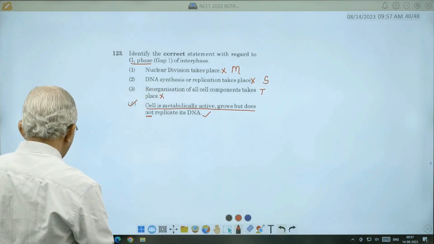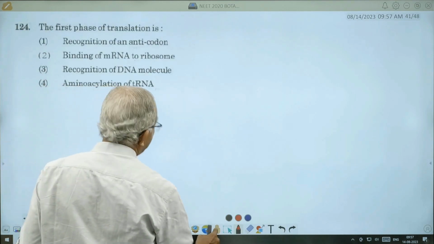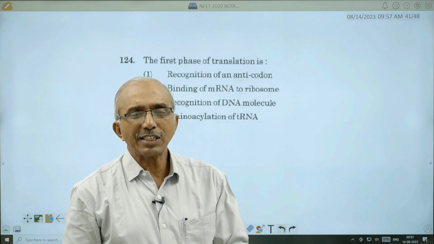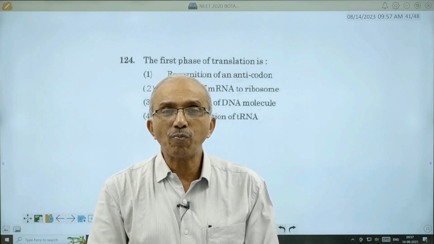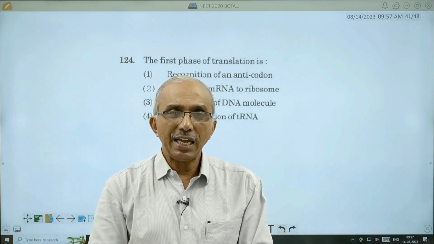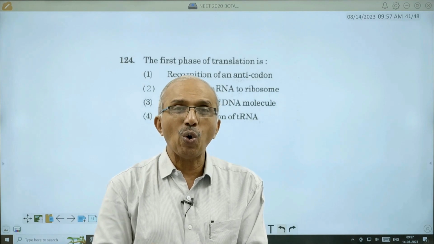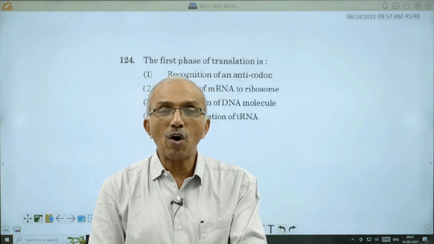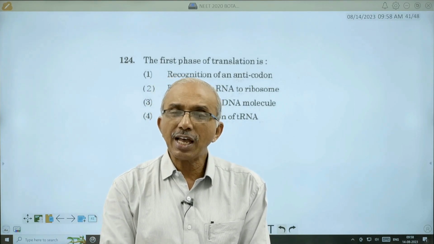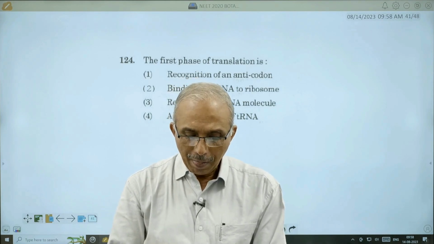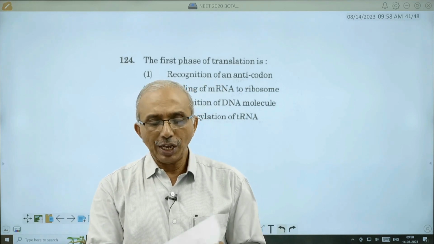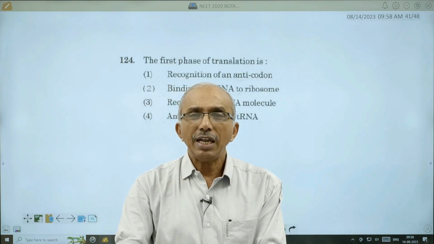Then next is: the first phase of translation is. Translation is the synthesis of protein according to the genetic code present on the mRNA.